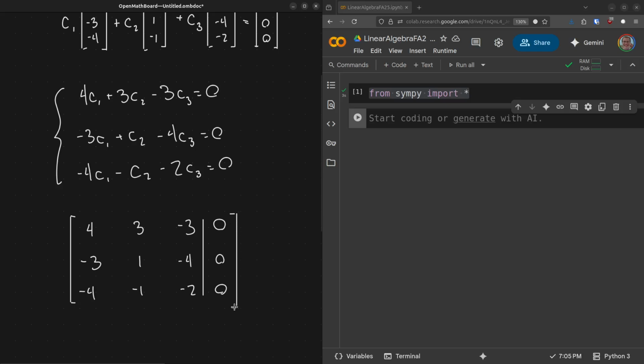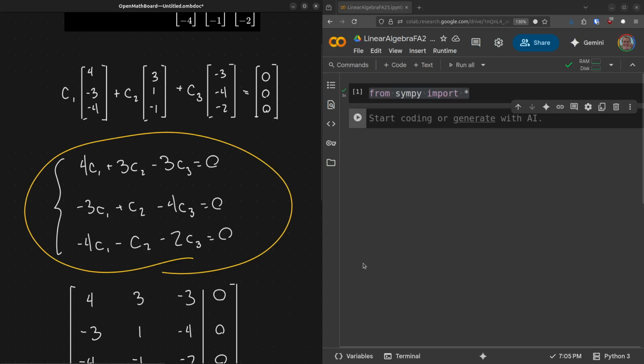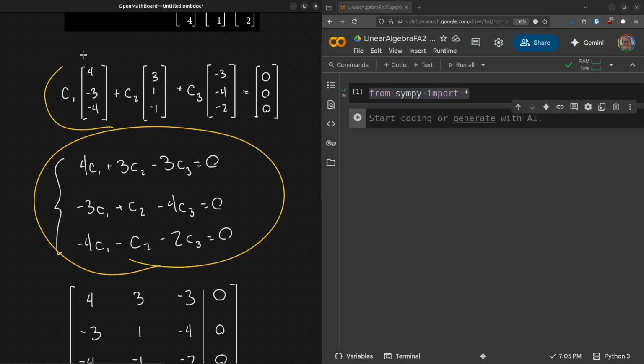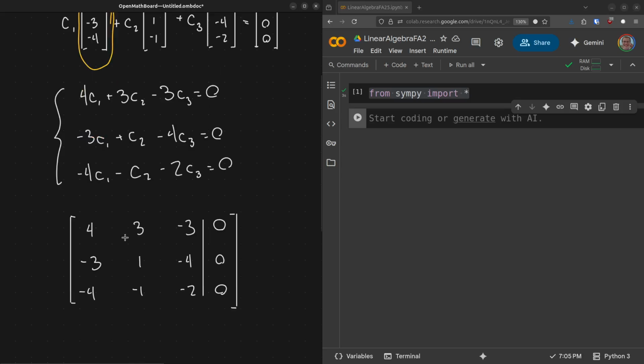Okay? Now, if you've done this a couple times, you'll realize that you can skip this intermediate step of writing out the system of equations. This system and this linear combination equation, they're saying the exact same thing. In fact, it might even be a little easier to read this one, because notice the first vector in your linear combination equation is the first column in your matrix.